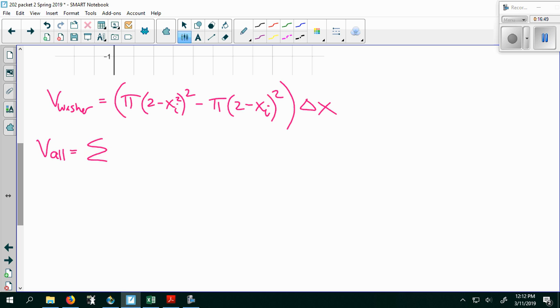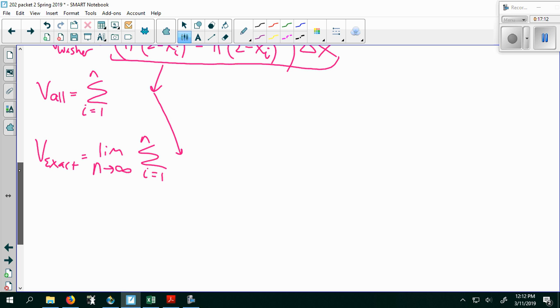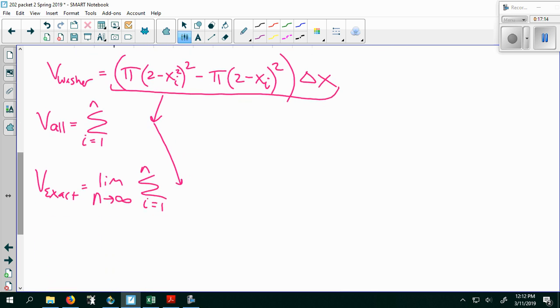So it's the sum from i equals 1 to n of all the washers that have that volume. And then my volume exact is the limit as n goes to infinity of the sum of all the n rectangles, which is the definition of an integral.